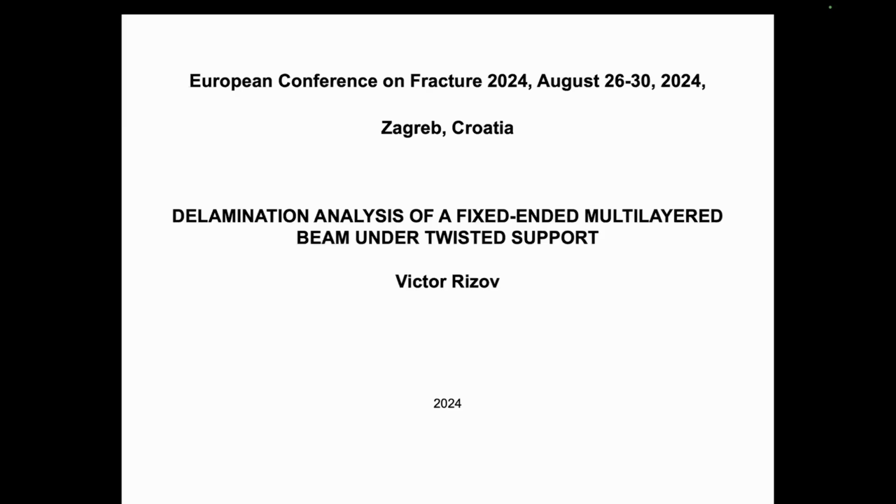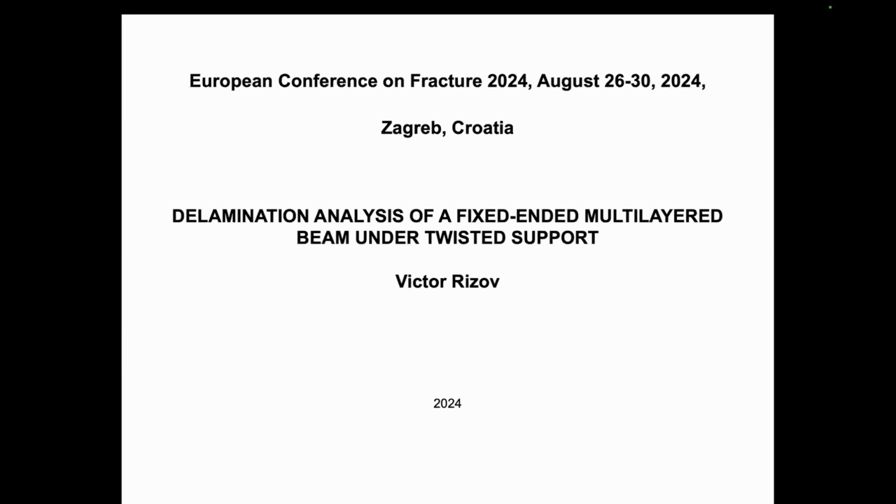No external loading is applied on the beam. However, the left-hand support of the beam is twisted. This induces shear stresses and strains in the statically indeterminate beam, which leads to delamination.